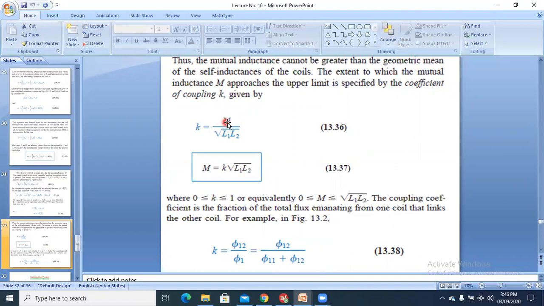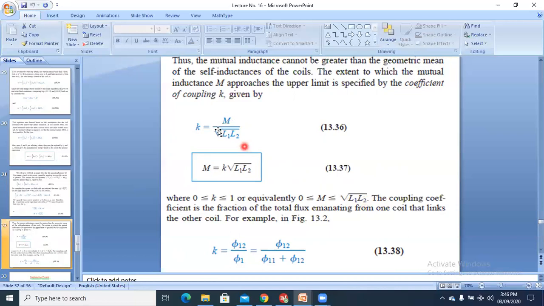The value of M divided by this maximum quantity gives the coupling coefficient K. The value of K ranges from 0 to 1, and the mutual inductance ranges between 0 and the square root of L1 L2.